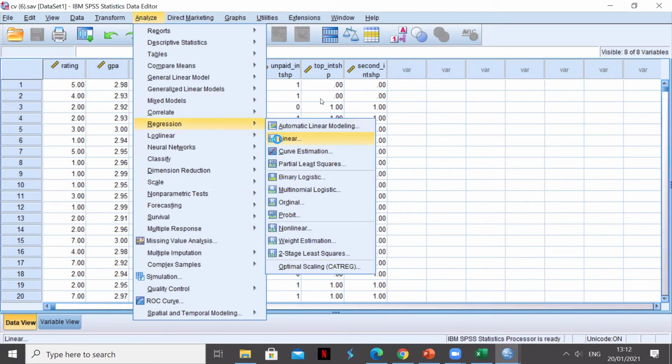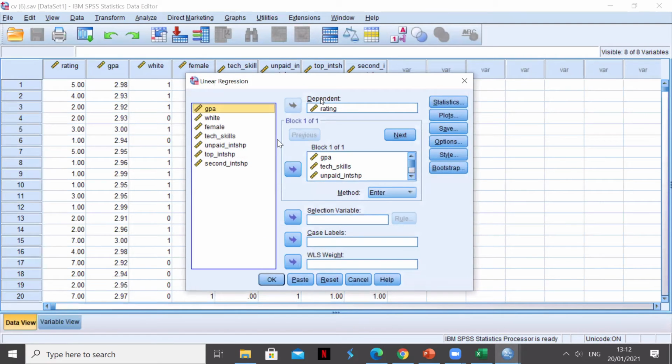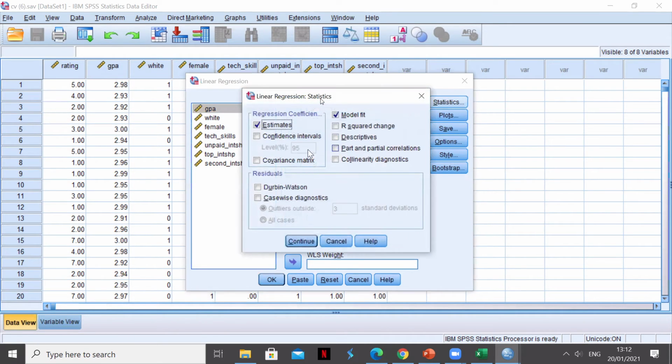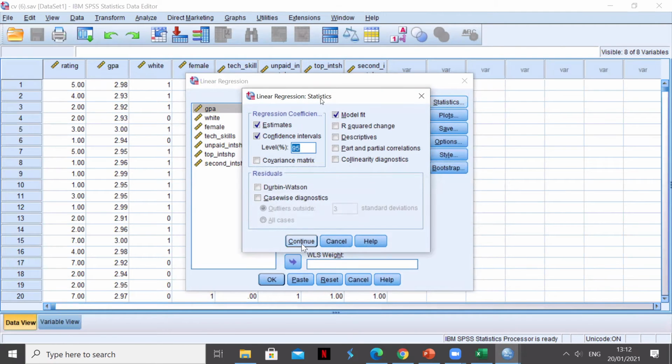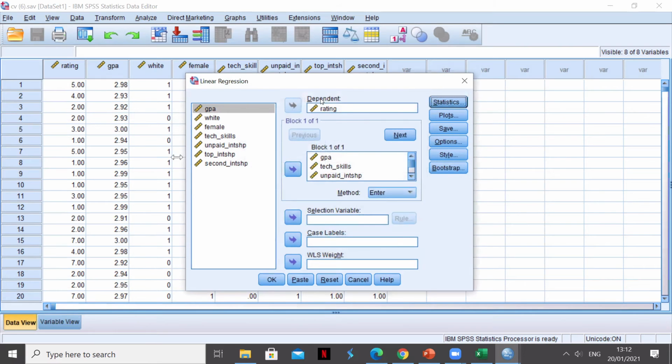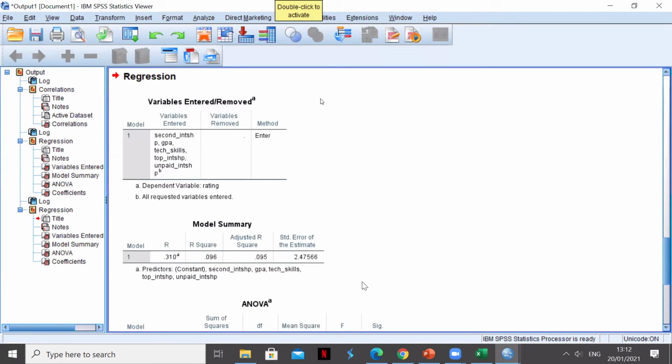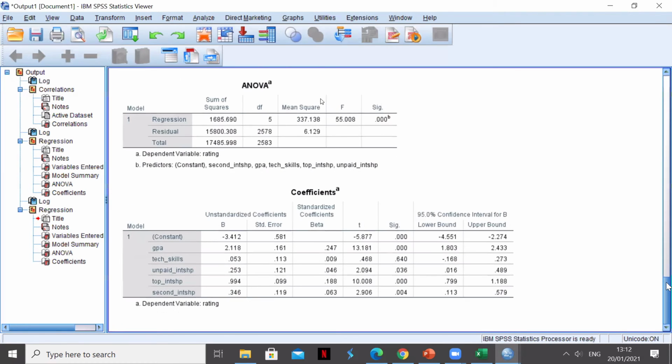Go to regression, you go to linear, and then you go to statistics. You want a confidence interval. By default, it's on 95. I think we should have 95 as well. You click on continue. You have your model in place. You click on OK. And all right, we get our model.